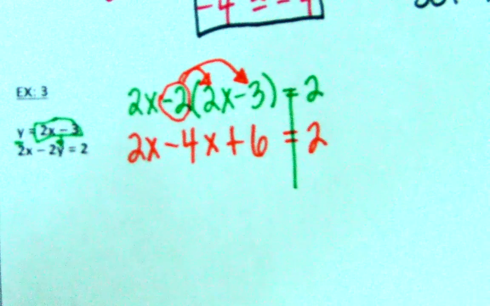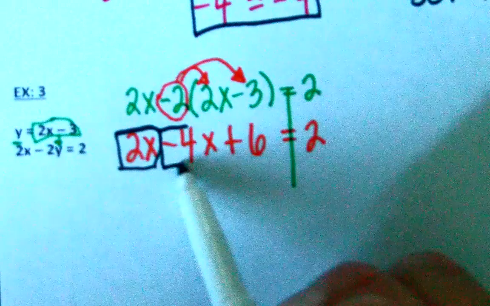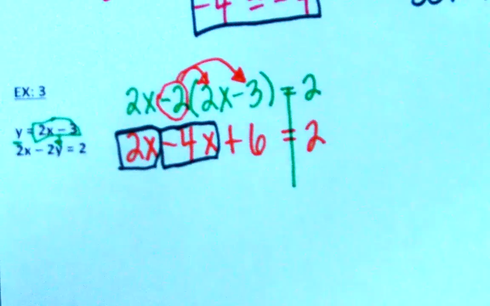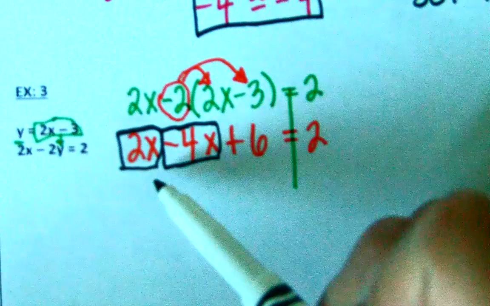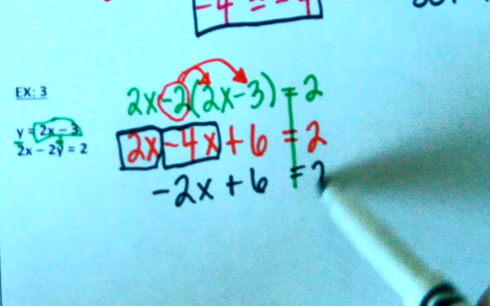Okay, so now we're going to combine like terms. So I have 2x minus 2x, which is going to give me -2x plus 6 equals 2.